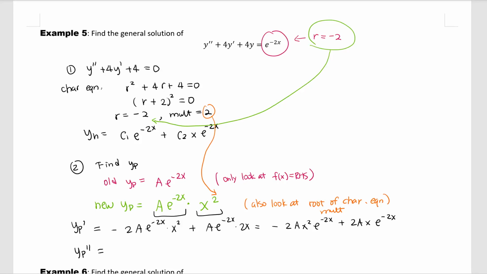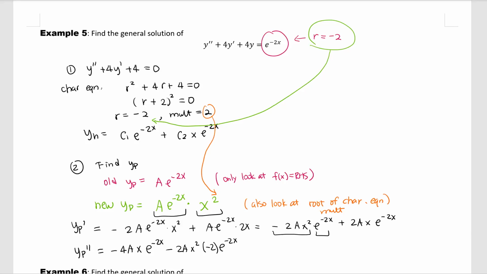Okay, that's yp prime. We also need yp prime prime. What's yp prime prime? Well, we're going to differentiate, right? So it's a product rule again. The derivative of the first guy is negative 4ax times the second guy, and then we have the first guy times the derivative of the second guy.